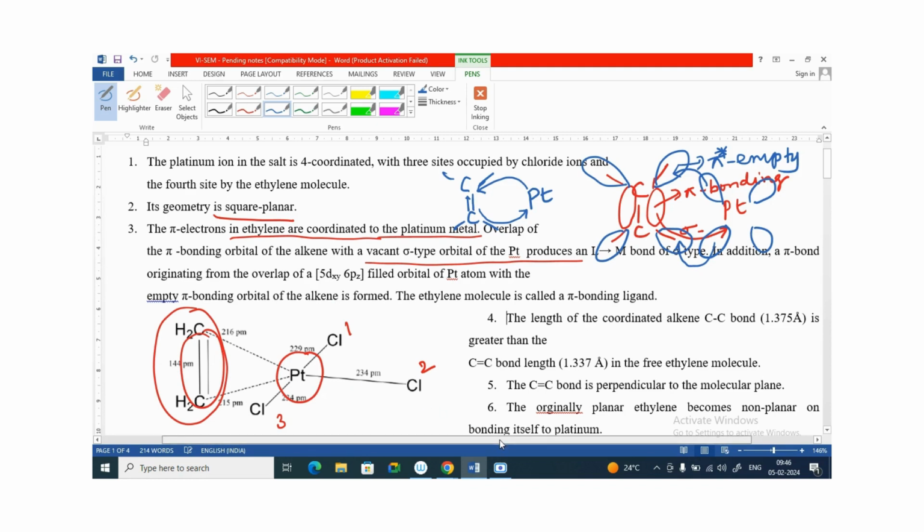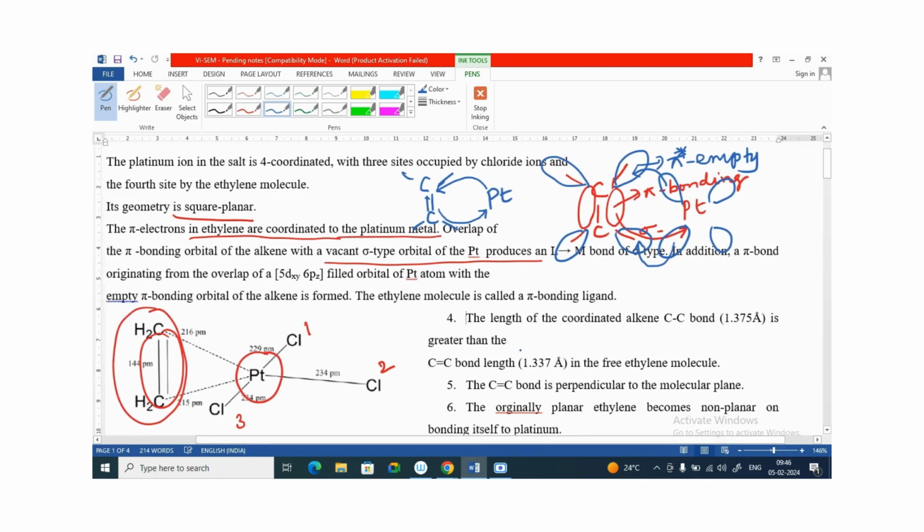Then this can be proved from some spectroscopic evidence. The length of the coordinated alkene, that means the carbon carbon bond, is 1.375 angstrom, which is greater than the C double bond C bond length of 1.337 angstrom in the free ethylene molecule.